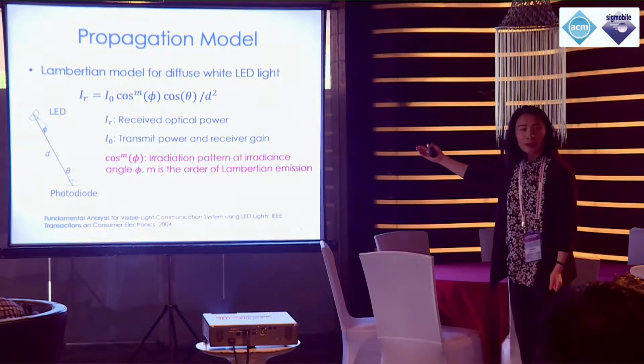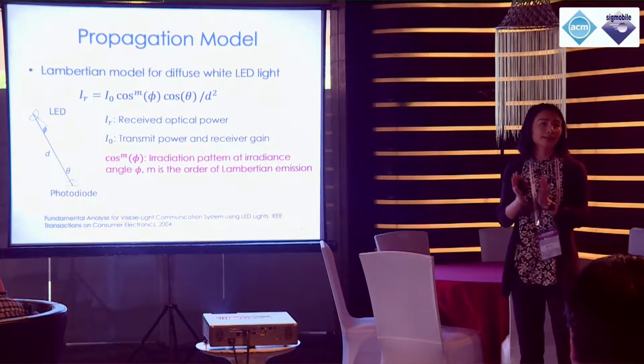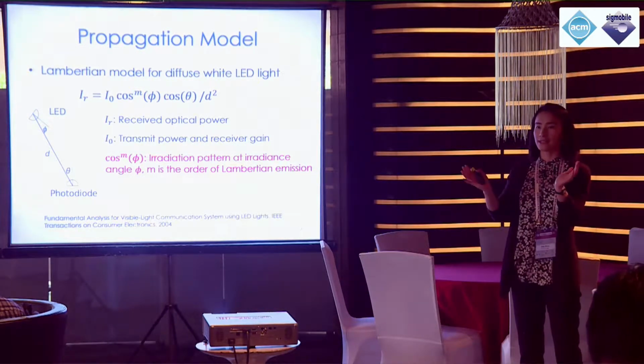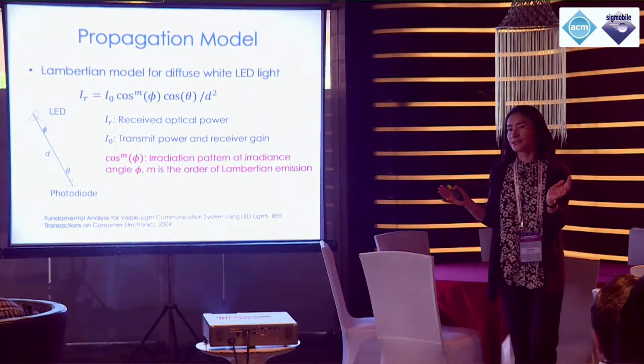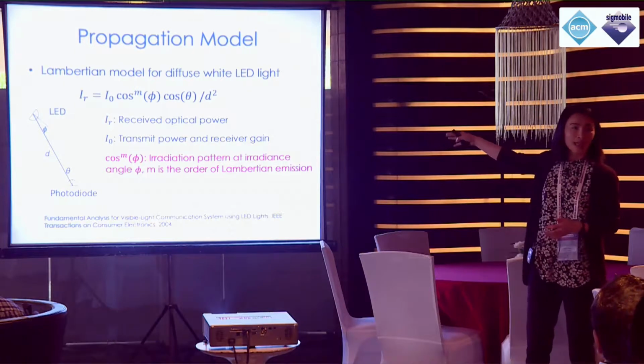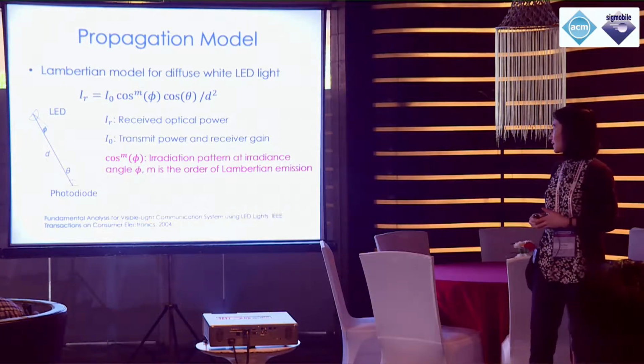The m exponent here is called the Lambertian emission order, and that depends on the beam angle. So if the luminary has a 120 degree 3 dB beam angle, then that m exponent will be equal to 1. There are equations for you to calculate the exponent.